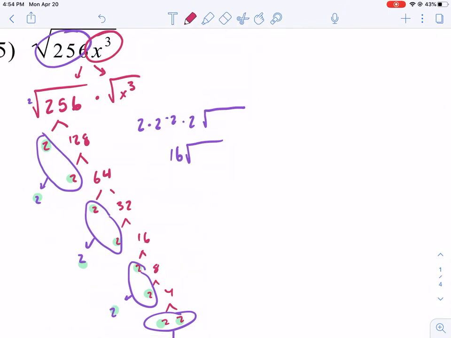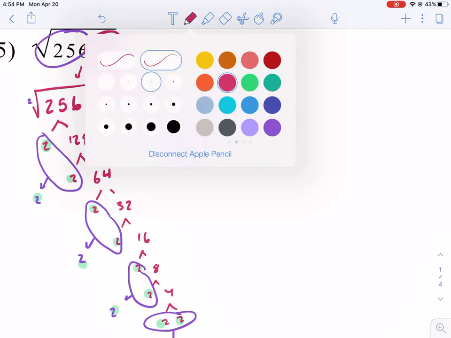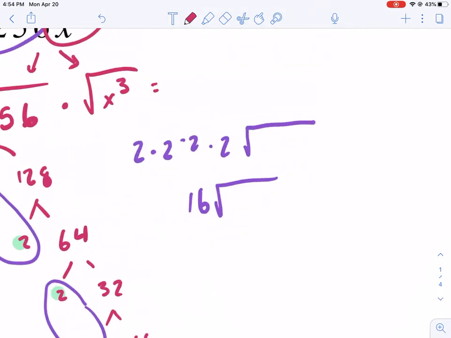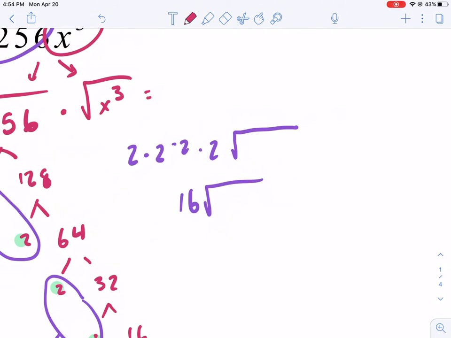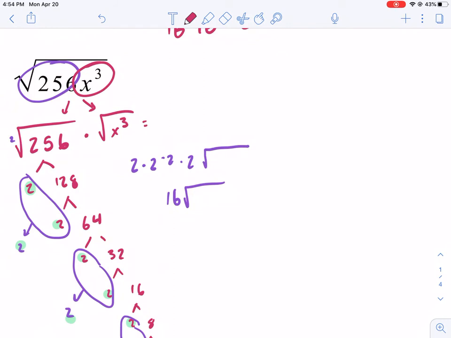Well, you could use a factor tree with that, but I think the simplest way is to think of the biggest power of x that is divisible by 2. If we're looking at x cubed, of its factors, what is the biggest factor that is divisible by 2? That is x squared.